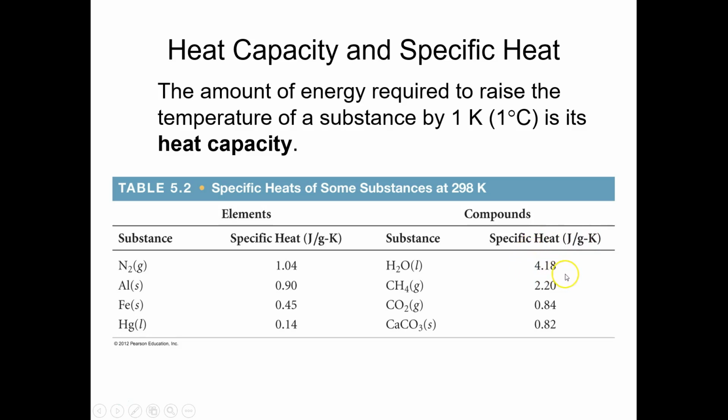What does that mean? It means that it takes 4.184 joules. They've got it rounded to three significant figures here, but it's 4.184 joules. The reason it's that number is because the original definition of a calorie was the amount of energy required to raise the temperature of 1 gram of water by 1 degree Celsius.